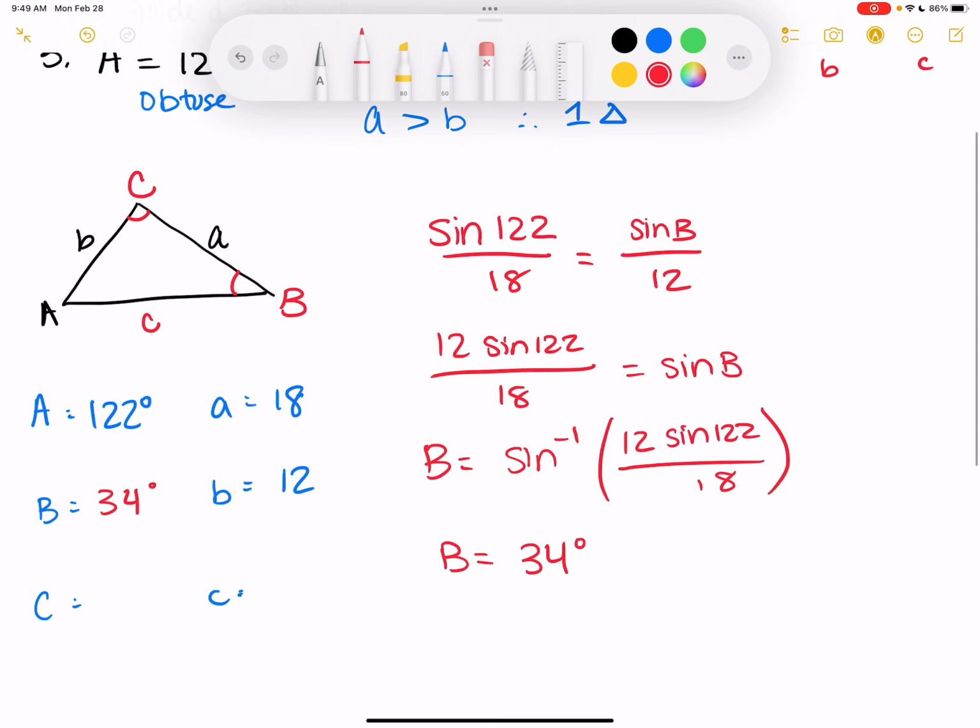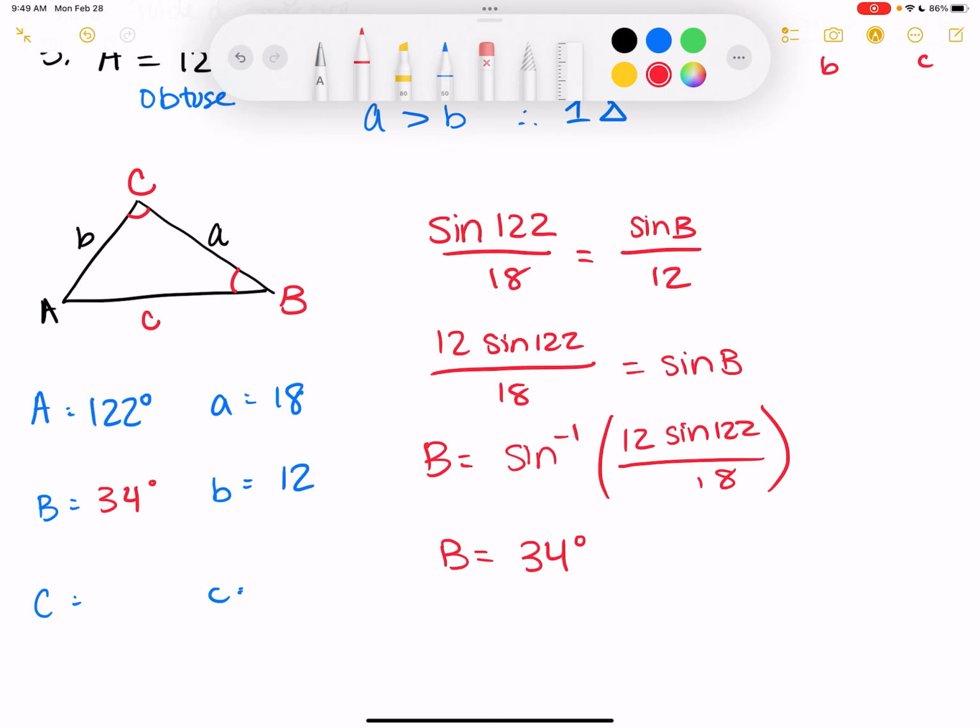Okay, so now what other piece of information can I find? Angle C. Okay, how would I find angle C? You could literally just do 180 minus 122 plus 34. Sure, you could do that.